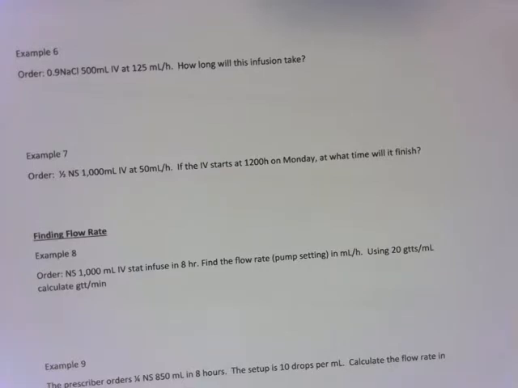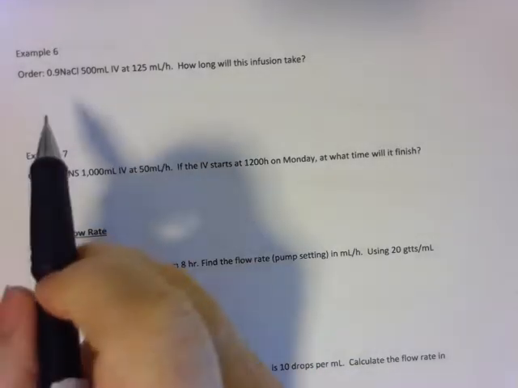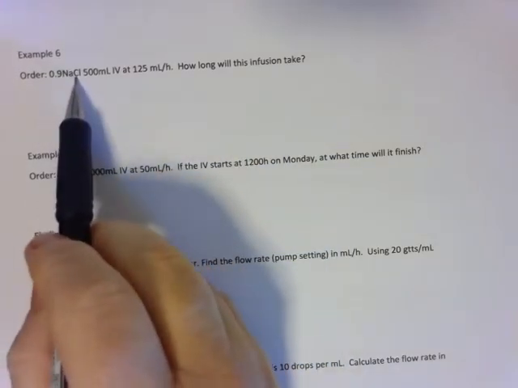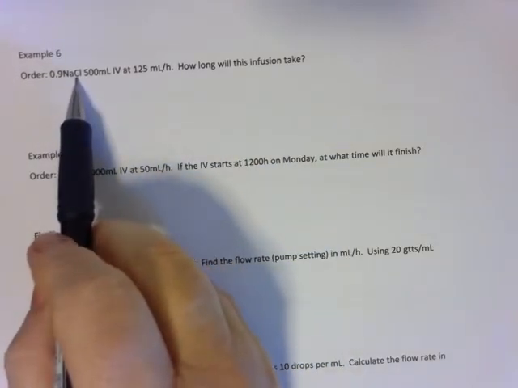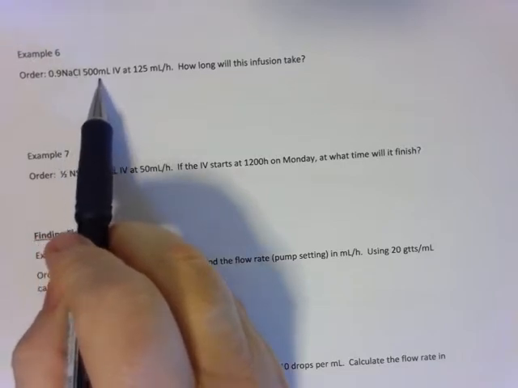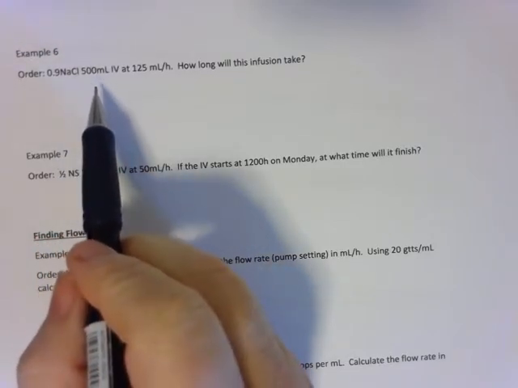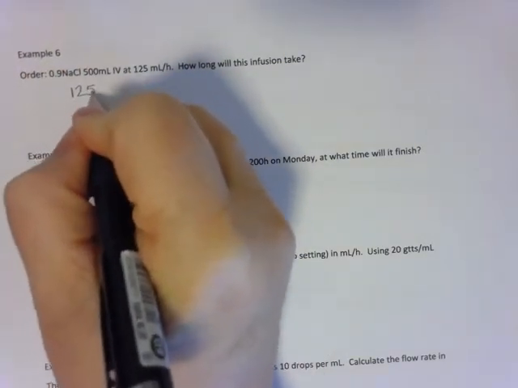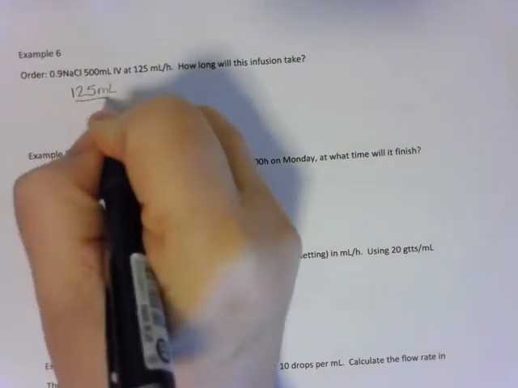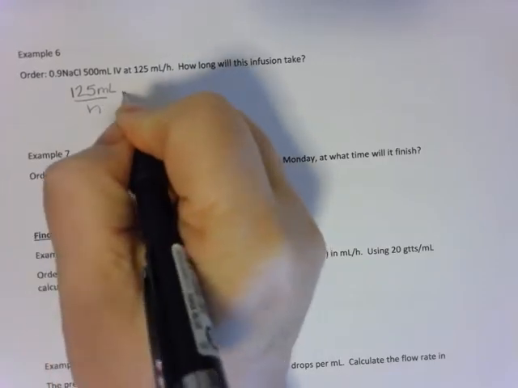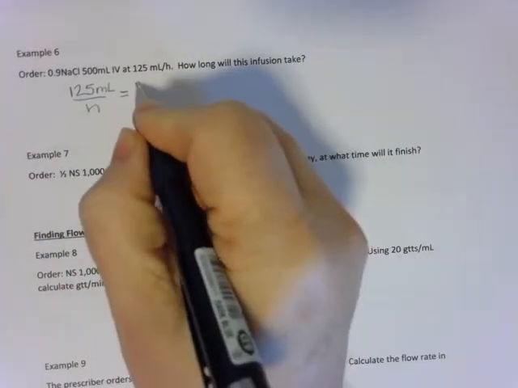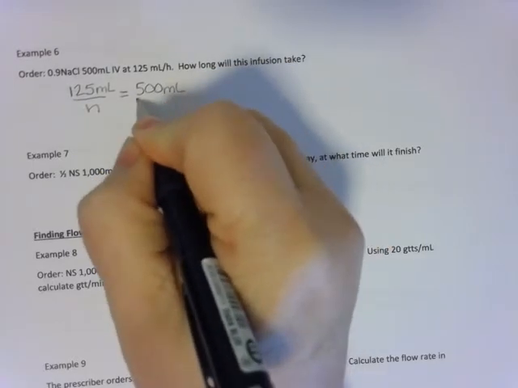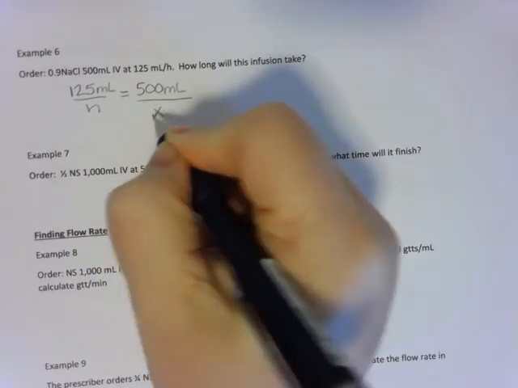Example 6, again we have our normal saline, which we don't really care about right now for our computations. 500 milliliters at 125 milliliters per hour, and we're going to infuse 500 mLs, but we don't know how long it'll take us.